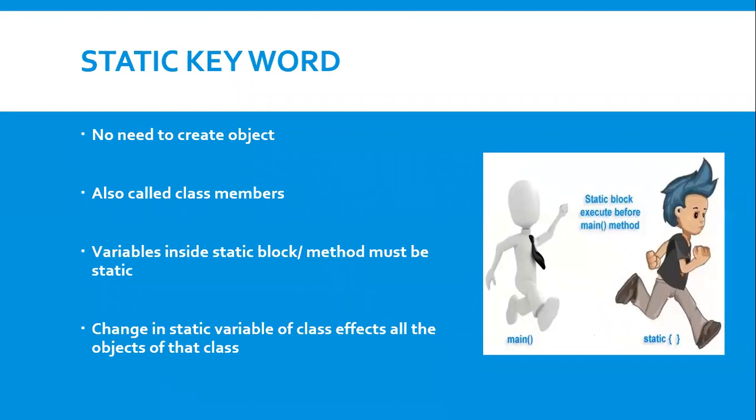If you modify a value in a static variable, it affects all the objects of that class, because it is a static variable. If it is an instance variable and you change it, that affects only that particular instance or object.